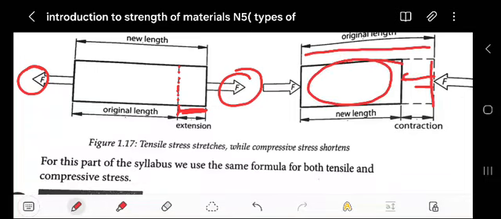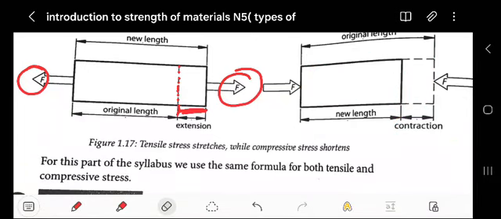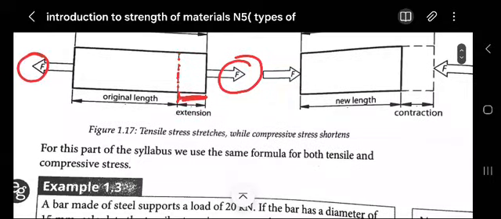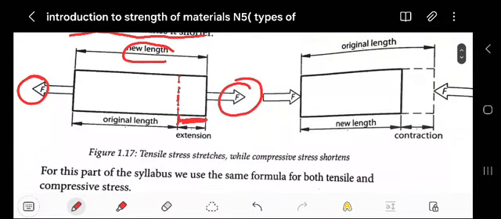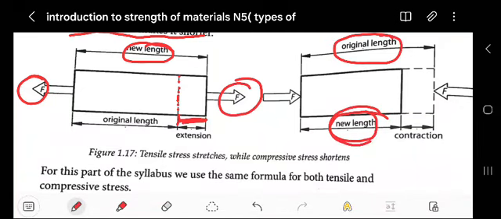Imagine from this big size to the smaller size, you see the reduction there. Then we have our new length. This new length has become longer, but this new length has become shorter. We started with the original length, which was long, and this became shorter.